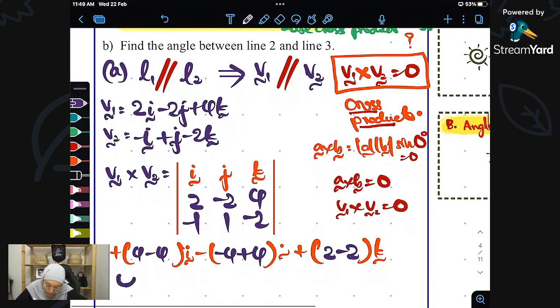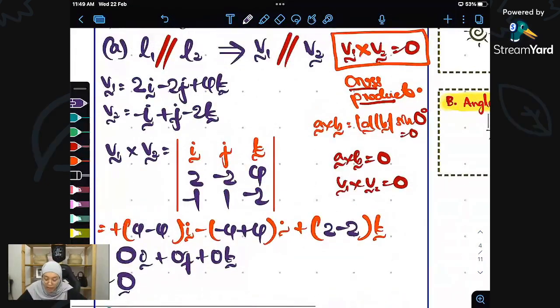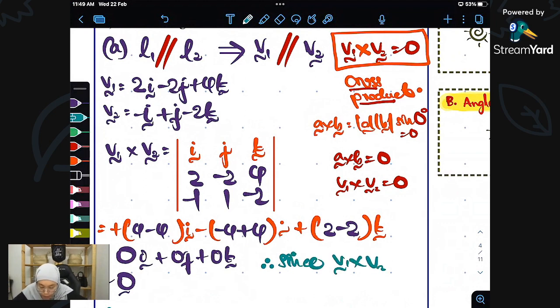So everything here is actually 0i plus 0j plus 0k. So everything here is actually 0, guys. It's a 0. Therefore, di sini mulalah kita kena buat conclusion. Since the V1 cross the V2 is equals to 0, then the V1 is parallel. Okay, kita sebut perkataan tu is parallel.